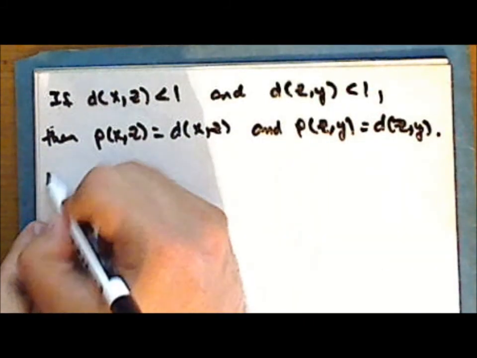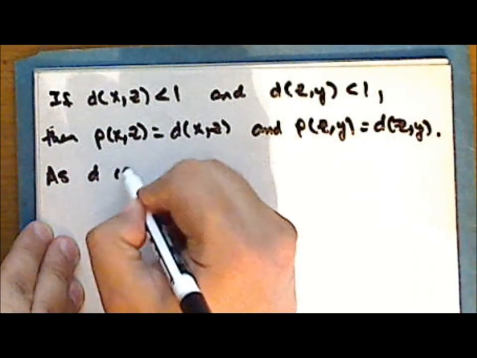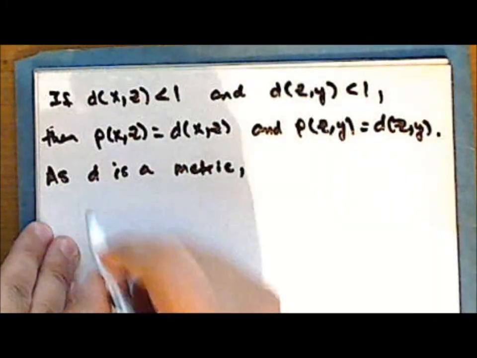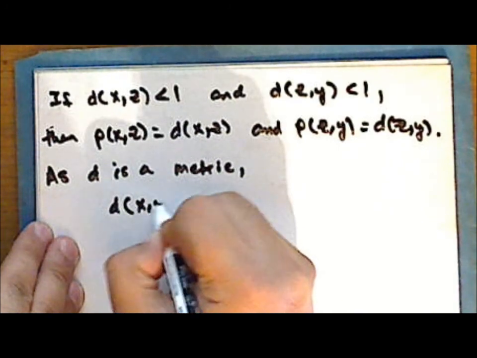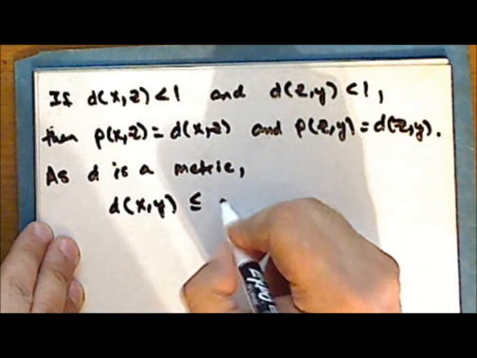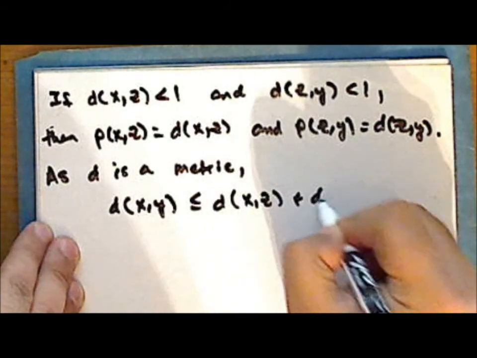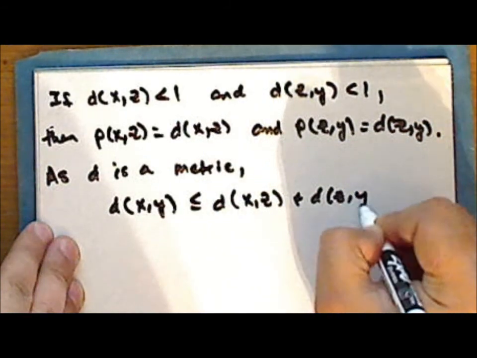Now, as d is a metric, we have that the distance from x to y is less than or equal to the sum of the distance from x to z and from z to y under the metric d.